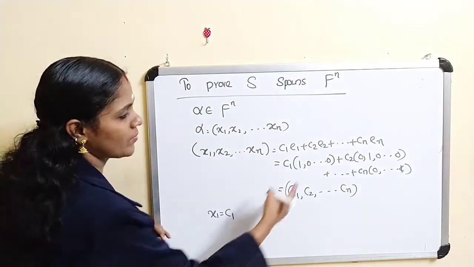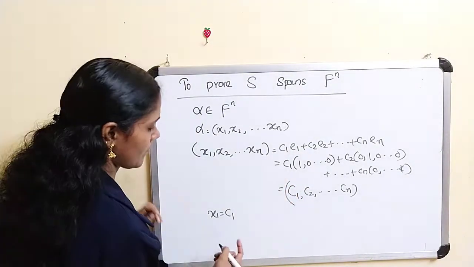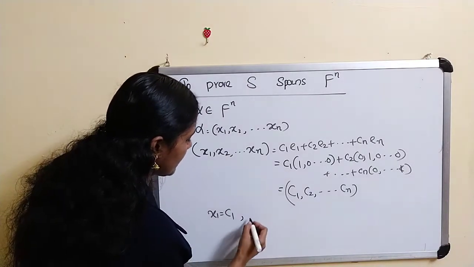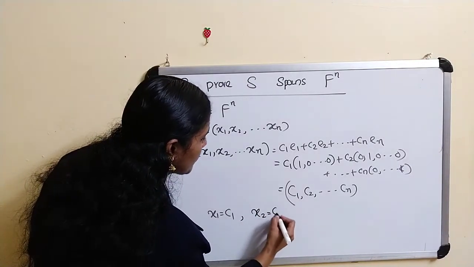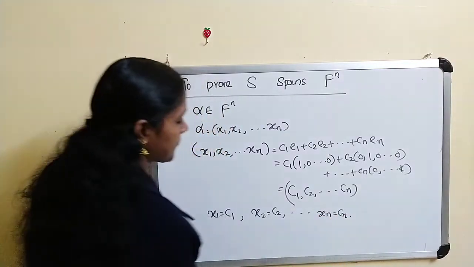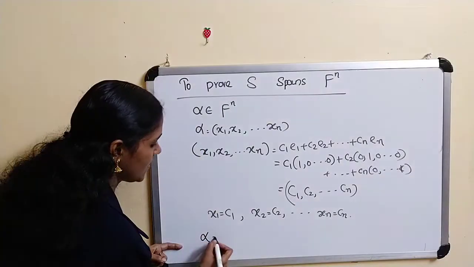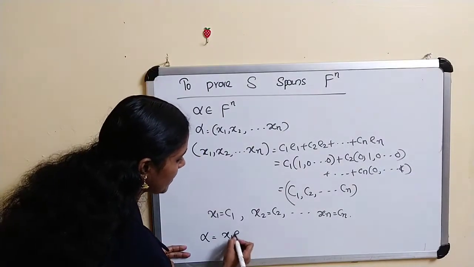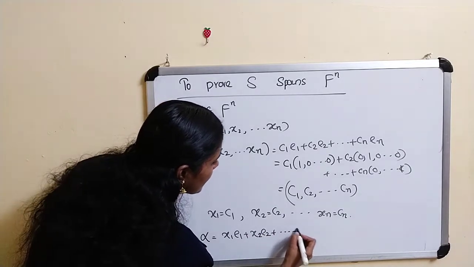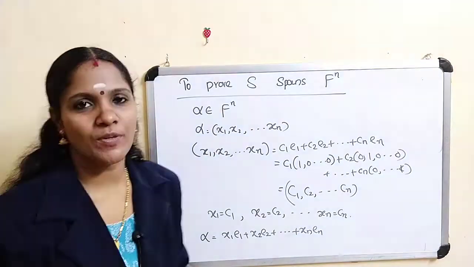I am skipping some more steps; we have already written this. x1 equals c1, x2 equals c2, etc., xn equals cn. That means alpha is actually x1 e1 plus x2 e2 plus etc. plus xn en. But alpha is an arbitrary element.